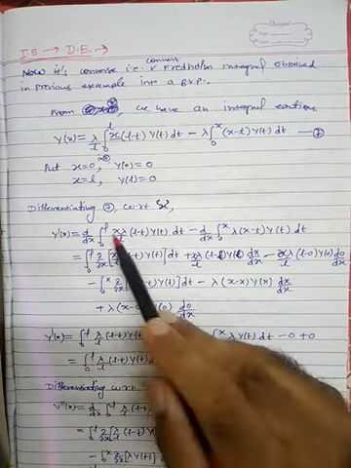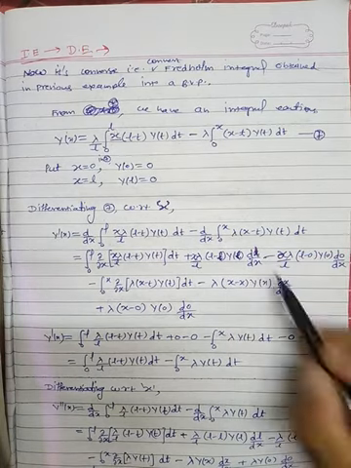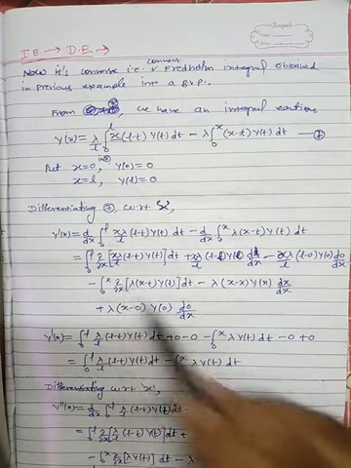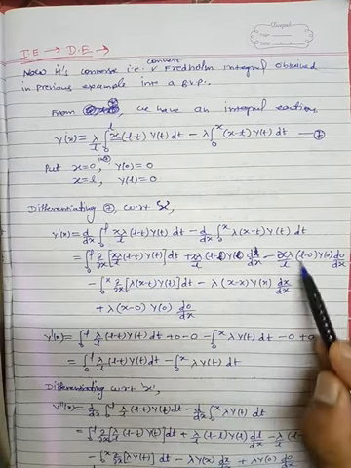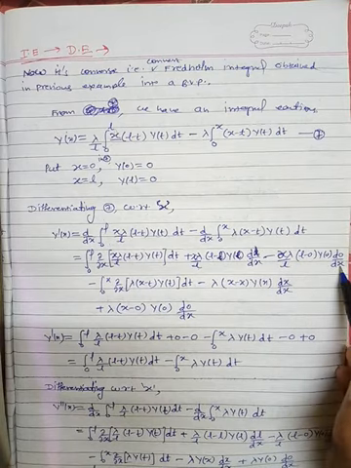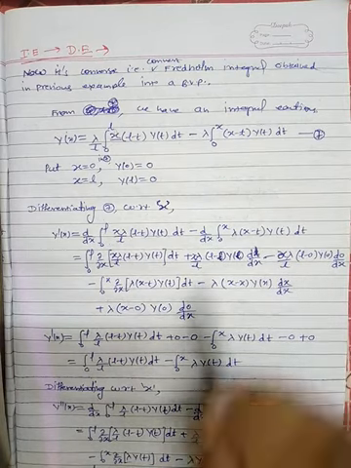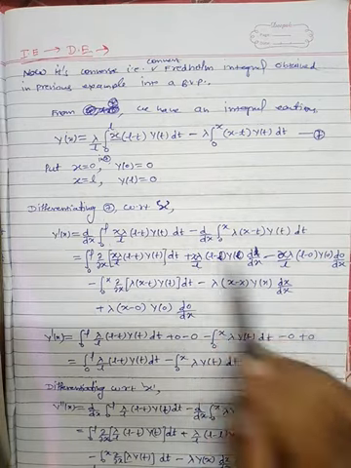So in place of t, x lambda by L times (L minus L) y(L) dL by dx, minus, since the upper limit is L, this will be L, this will be L, this will be L, minus now the lower limit is 0, so x by L times (L minus 0) y(0) d0 by dx, minus d by dx of the second integral.